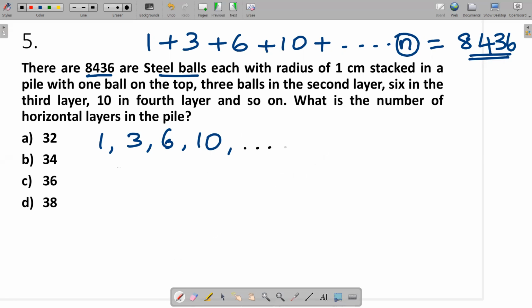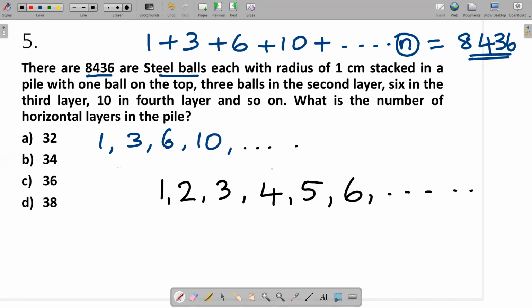Again, if you look at these numbers 1, 3, 6, 10 closely, there is another interesting observation. Let us consider the first n natural numbers, something like 1, 2, 3, 4, 5, 6, and so on. This 1 that you see here is nothing but the sum of the first one natural number.